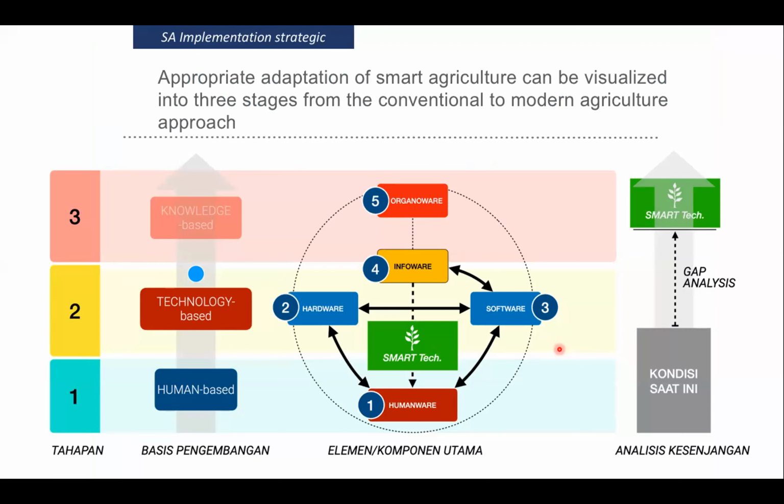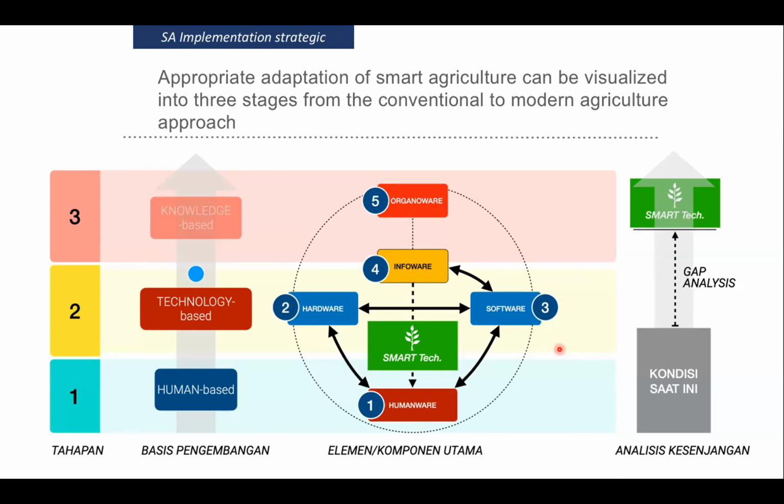We try to make a concept related to the appropriate adaptation of smart agriculture that can be visualized into 3 stages. First, the first priority is related to human resources, human base. So we call it humanware. The second is about technology, and the third, the main part of smart agriculture, is the knowledge-based system.